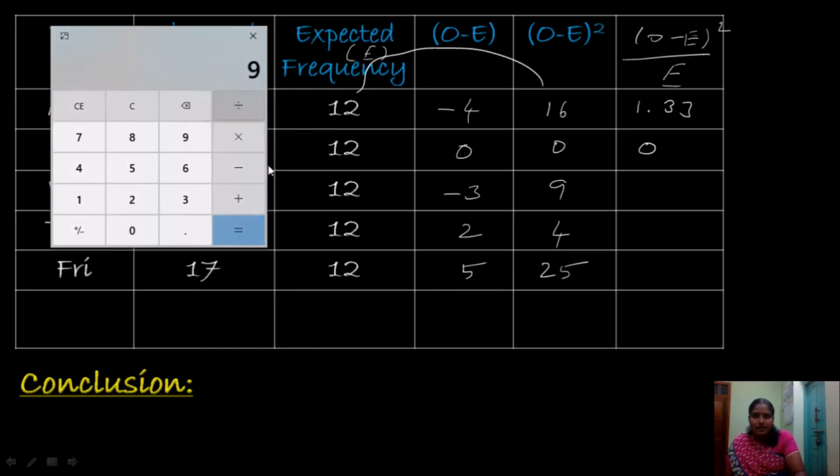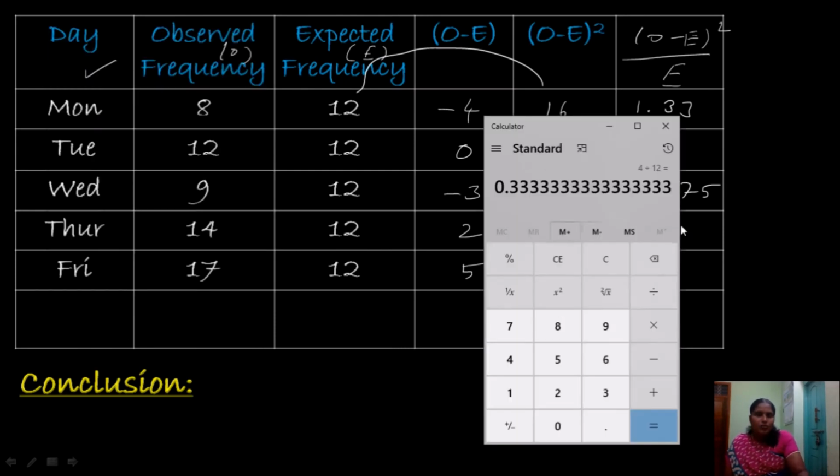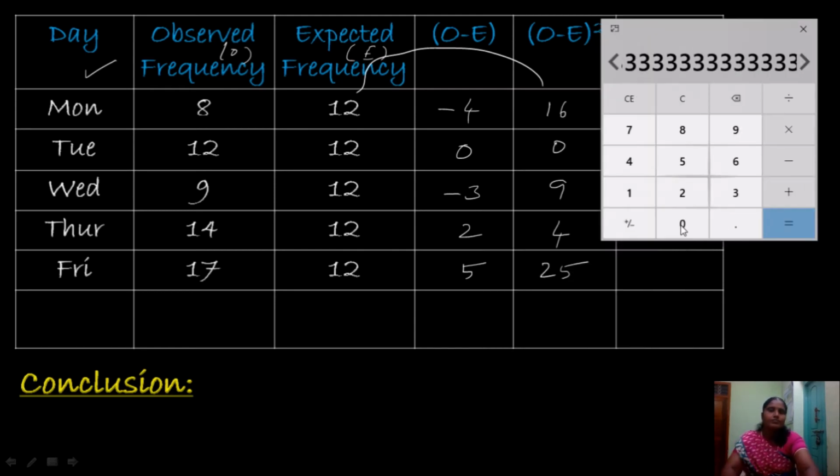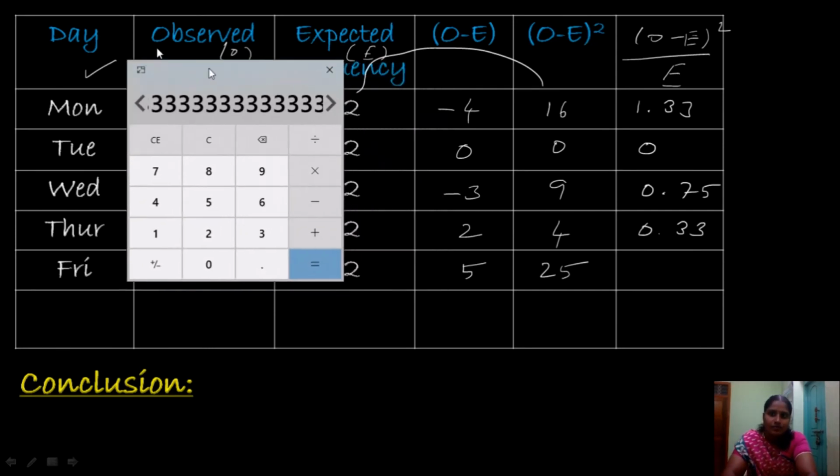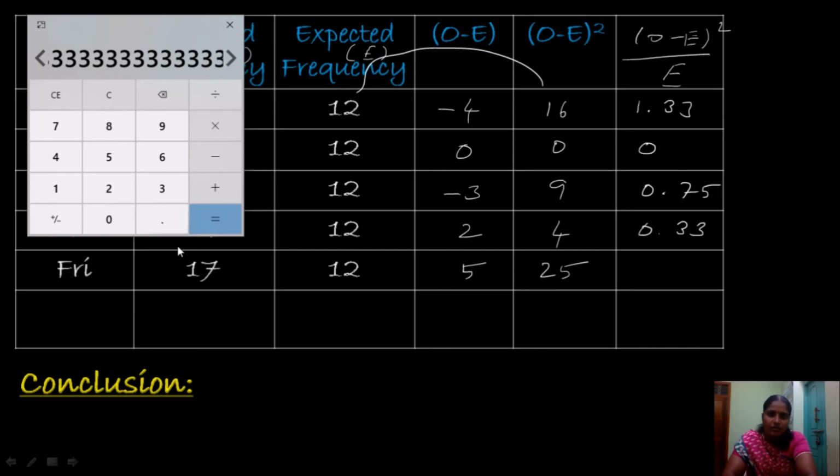Then 9 by 12 we get 0.75, and 4 divided by 12 we get 0.33, and finally 25 over 12 we get 2.08.